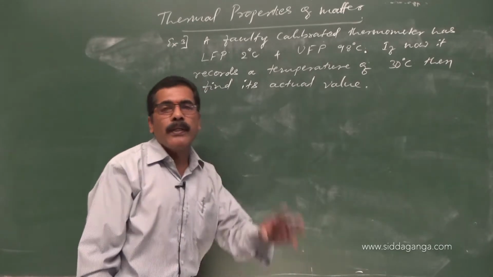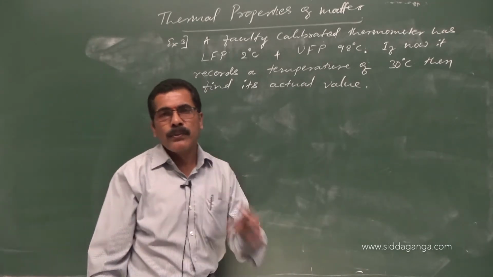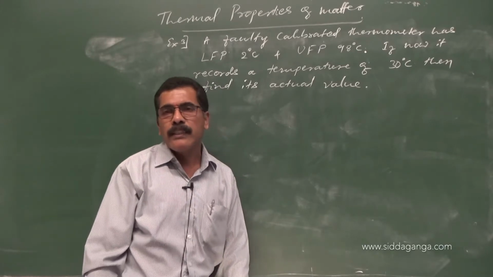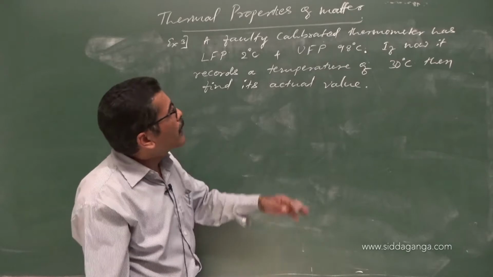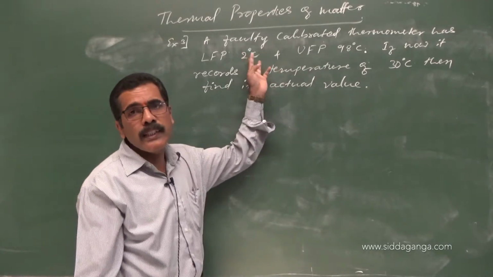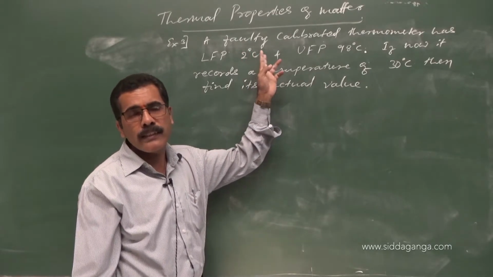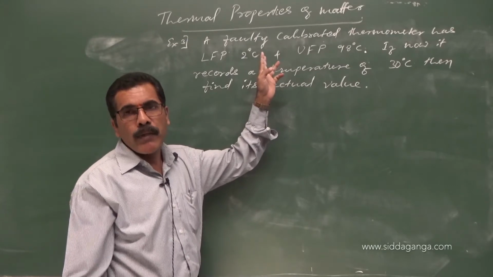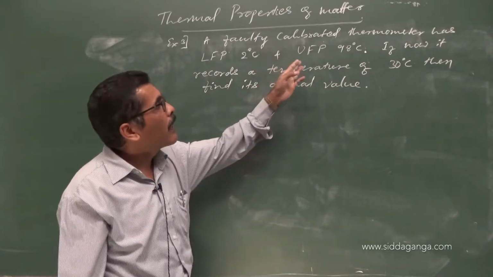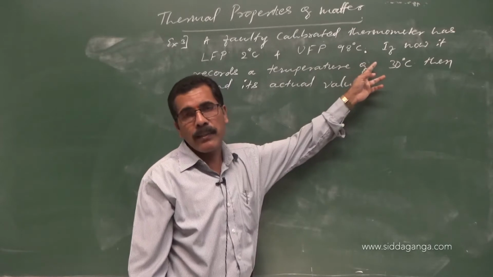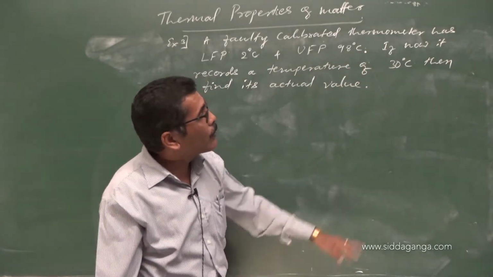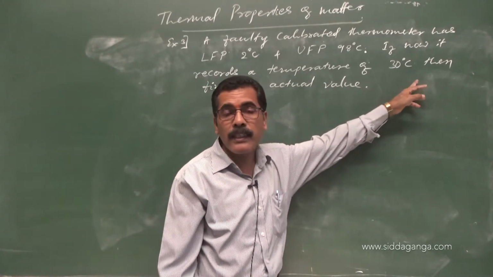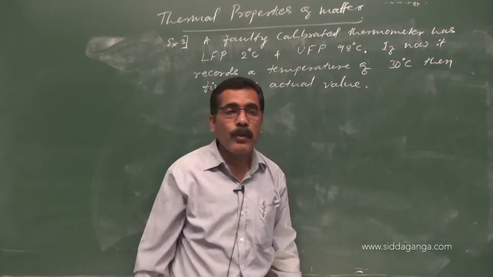So we have a thermometer which is not good in construction, the instrument has a certain defect, the calibration is not good. Therefore, instead of 0 degrees Celsius, it records 2 degrees Celsius at the ice point, the melting point of ice, and the boiling point as 98 degrees. If such a thermometer shows a reading of 30 degrees Celsius, what will be the actual value?